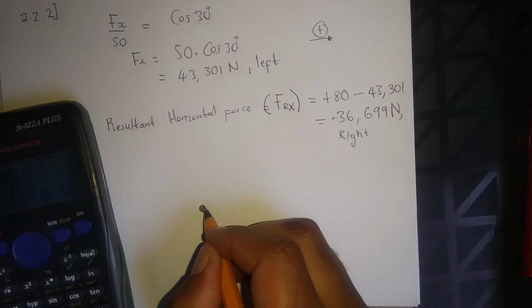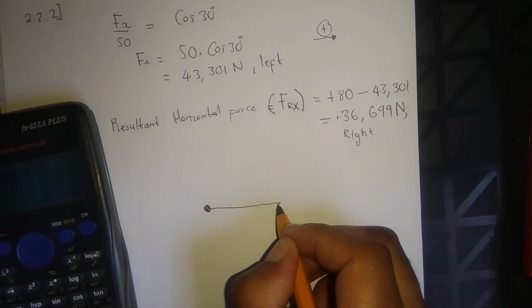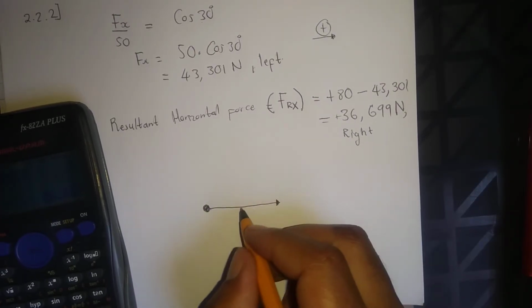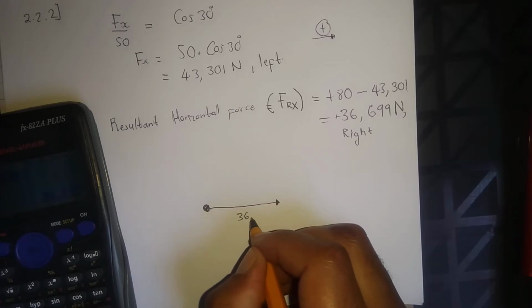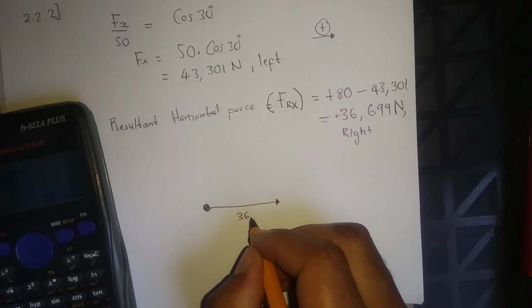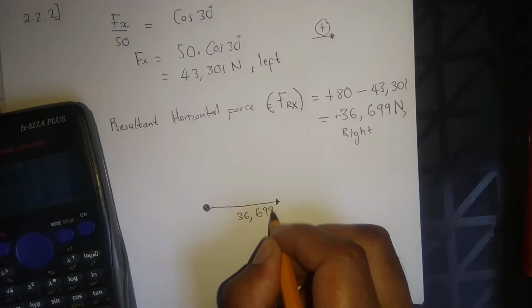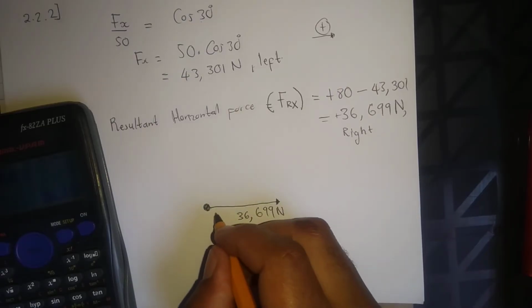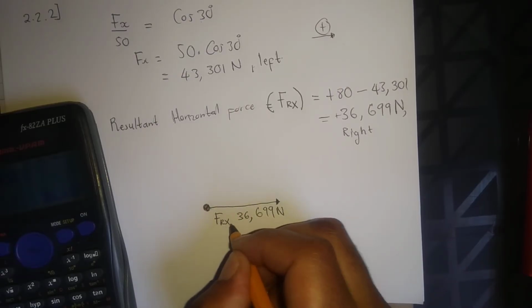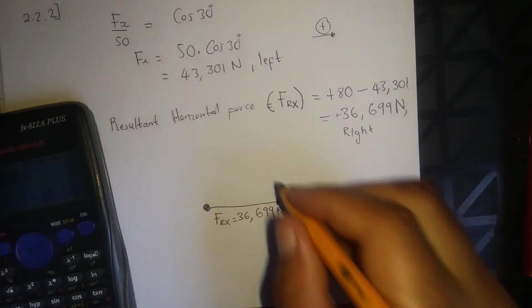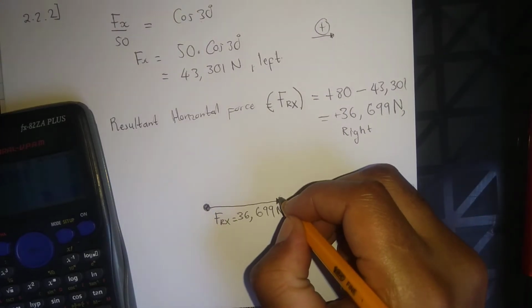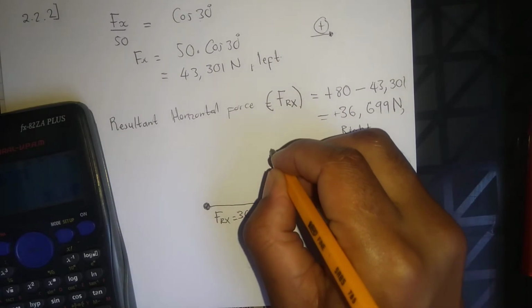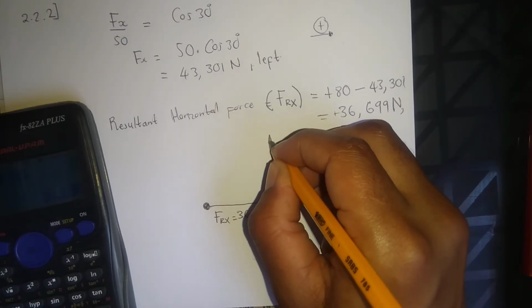Actually the resultant in the horizontal axis is 36,699 Newtons, which is FRX equal to, and then upward we have what?